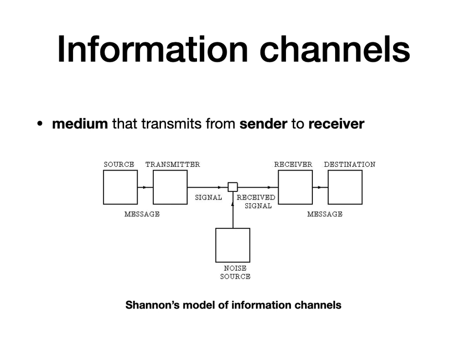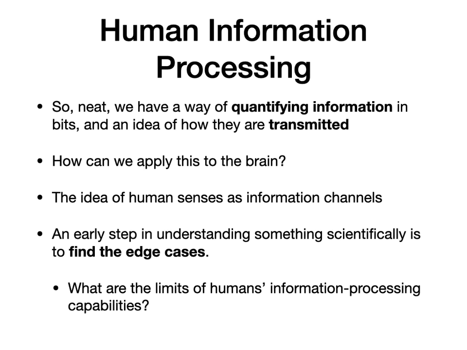So the idea is that not only does information exist, but it must travel to us. It must infiltrate us somehow for us to be able to use it. That's key. So, how do humans do this? Cool. We can quantify information, and we have some idea of what the transmission process is like. What's this like in the brain? And we can conceive of, as I said before, all of the human senses as information channels.